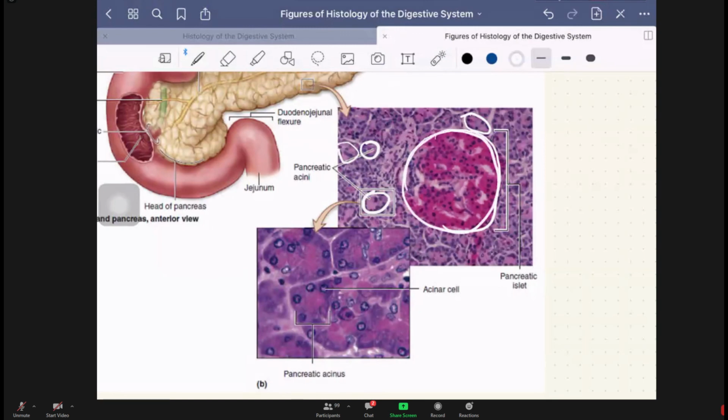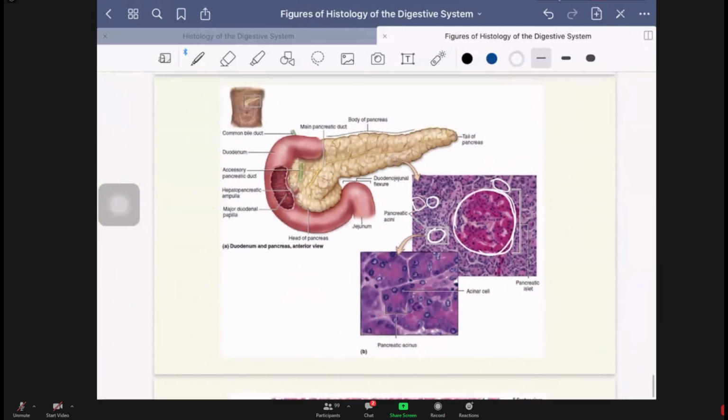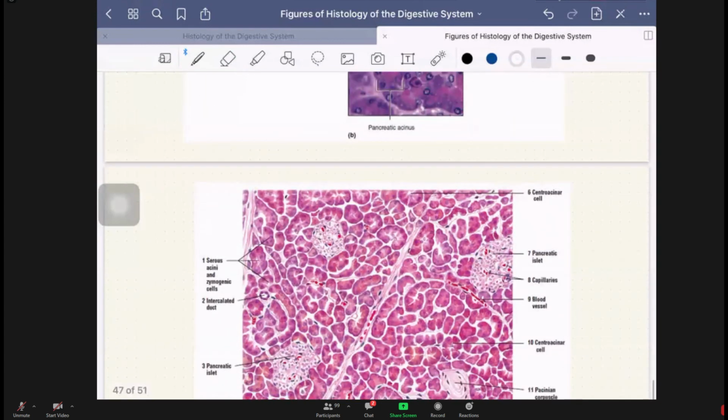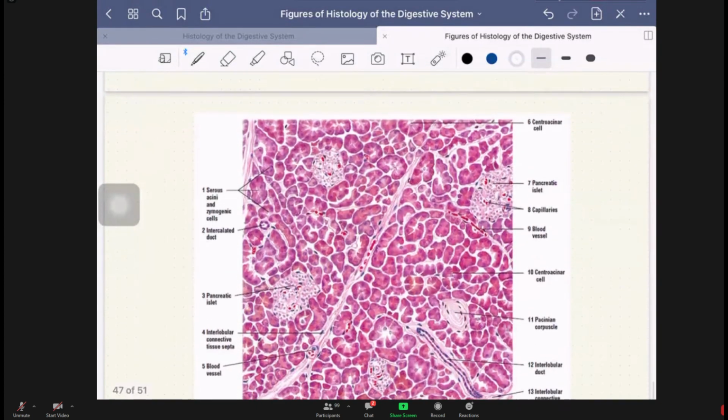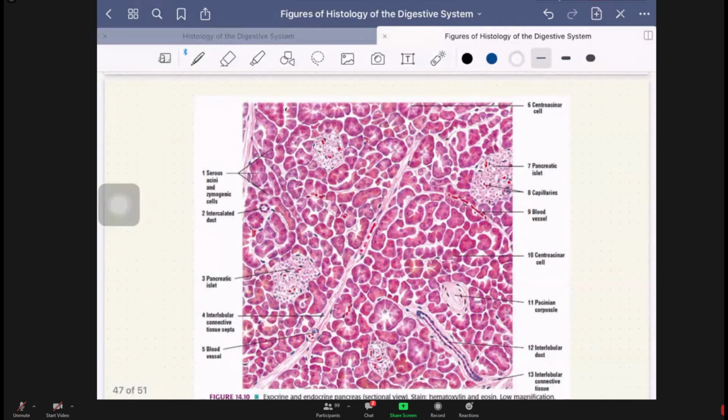They are called islets of Langerhans or the pancreatic islands. If you see another schematic diagram here, these are the islets. This is another one, and other parts, these are the acinar part of the pancreas.